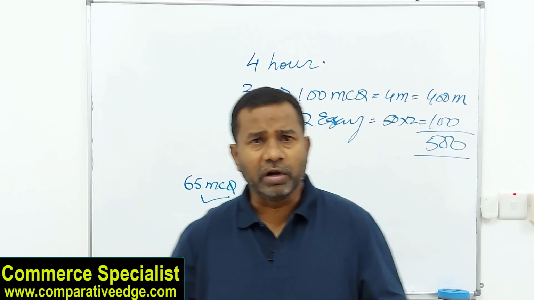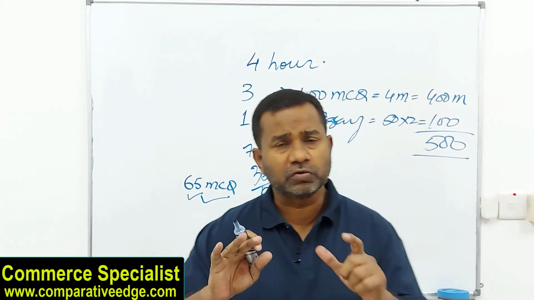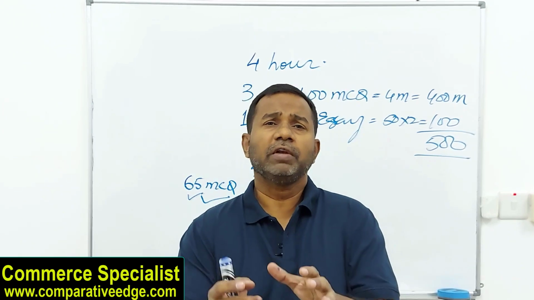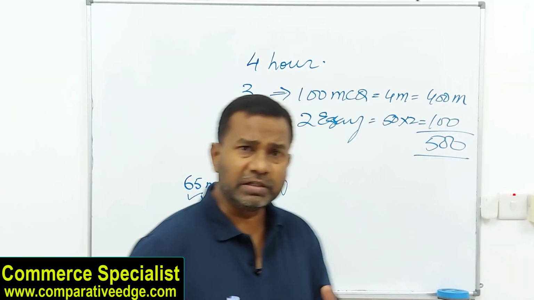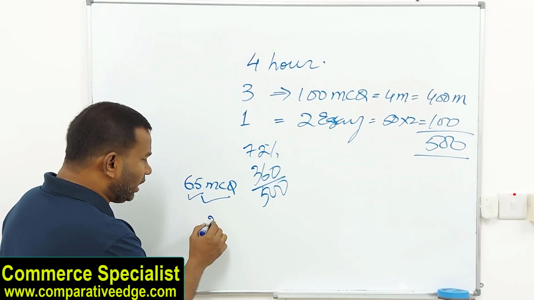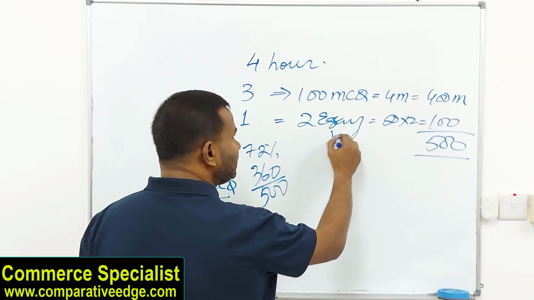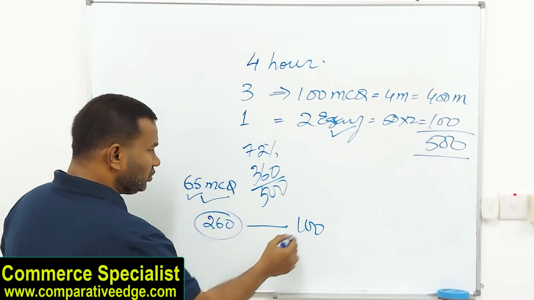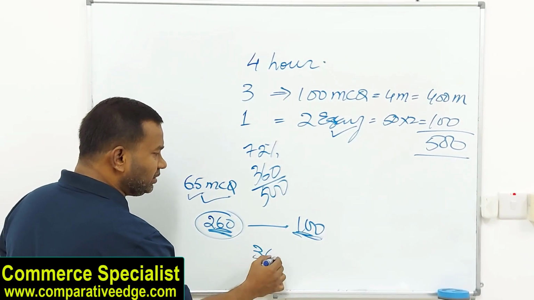If out of 100 you don't get the minimum 65 MCQs right, the software will not take you to the essay section. The assumption is that if you get 65 MCQs right, you score around 260 marks. Even if you get 100 from the essay questions, 260 from MCQs plus 100 gives you 360.